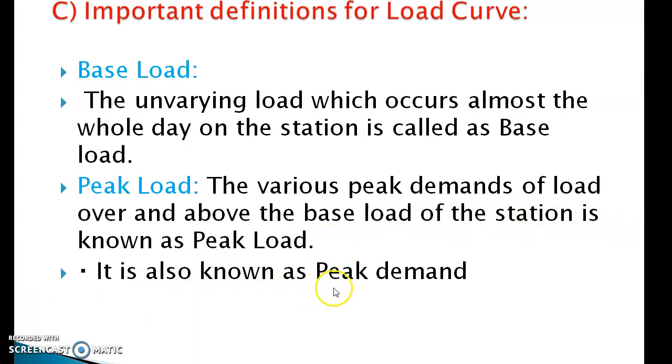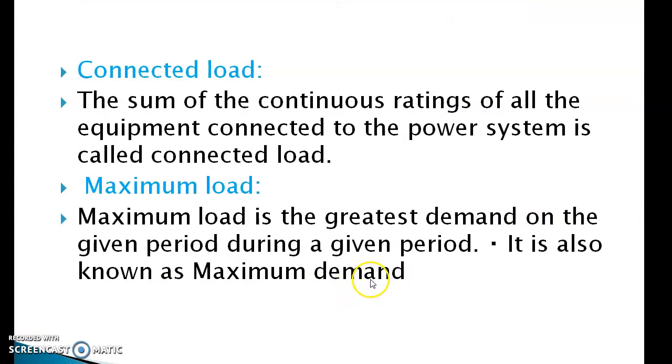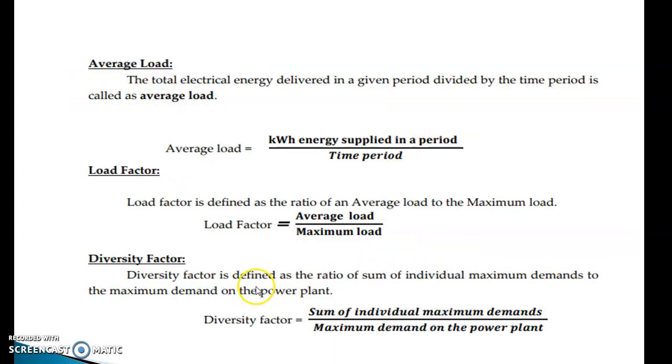It is also known as peak demand. Connected load: the sum of the continuous ratings of all the equipment connected to the power station is called connected load. Maximum demand: the greatest load demand during a given period is known as maximum demand.